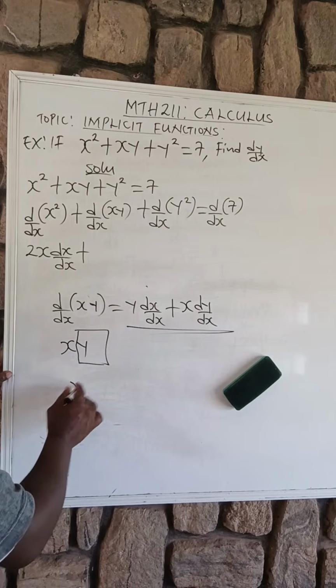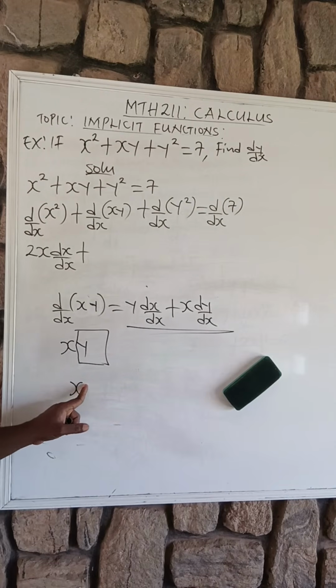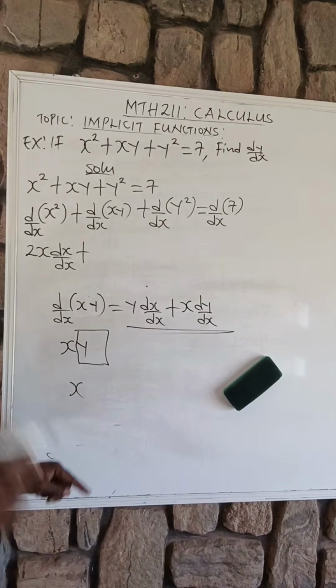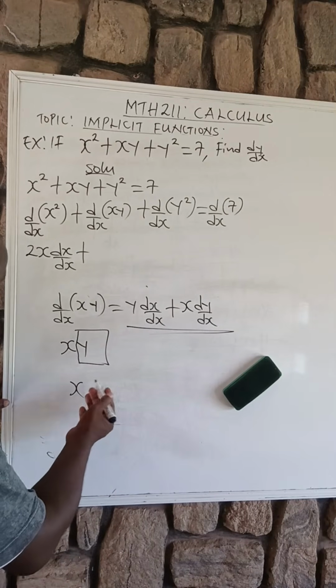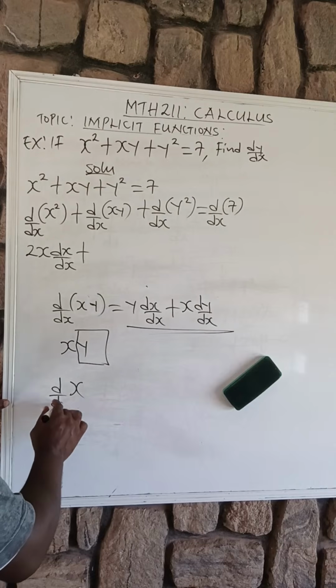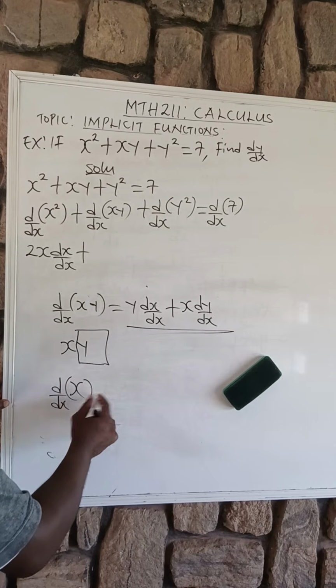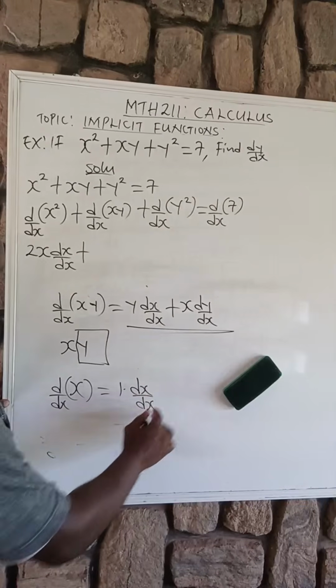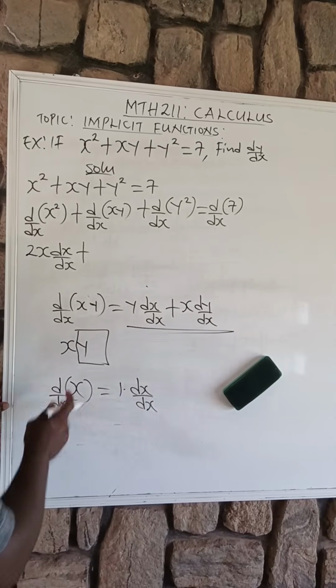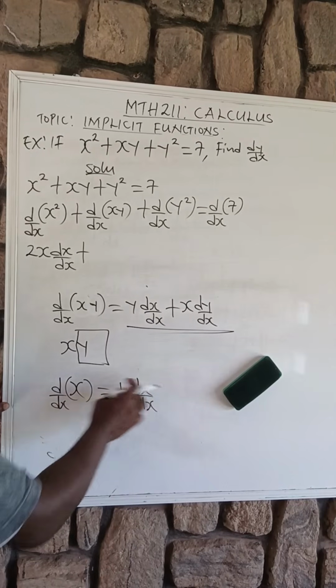So you can now see that we are differentiating x. True or false? If you differentiate x, what are you supposed to have? Is it not 1? If you differentiate x, dx all over dx, because this means you differentiated for x.